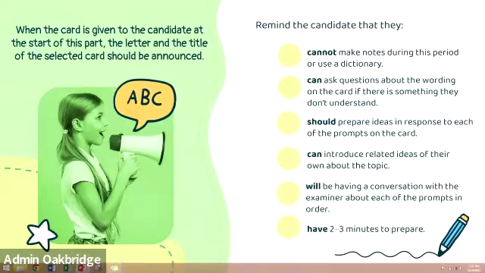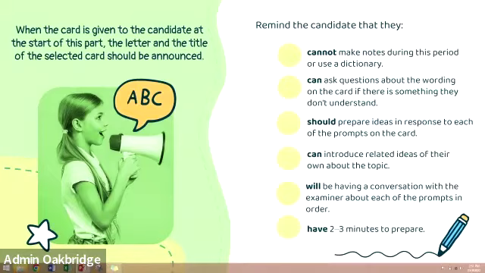Number 4, you can introduce related ideas of your own about the topic. You don't necessarily have to say only what is given in the 5 prompts, but you are allowed to share some ideas of your own, as long as they are related to the topic.